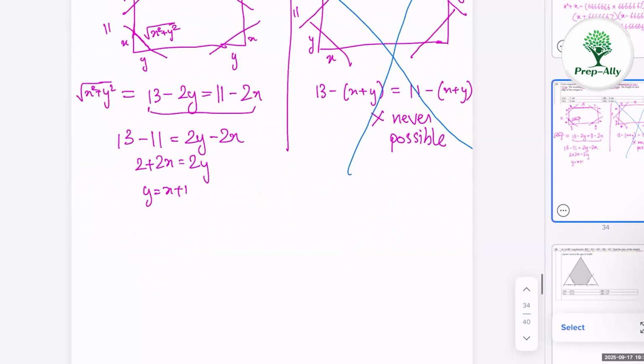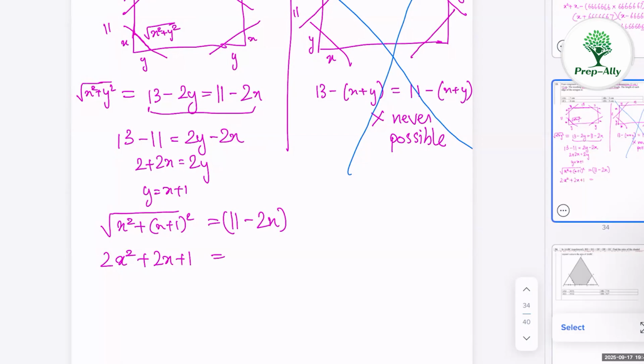So if we put this in any one of the equations, we have square root of x square plus x plus 1 the whole square equals 11 minus 2x. Now if we square on both sides, we get 2x square plus 2x plus 1 equals 121 minus 44x plus 4x square, right?